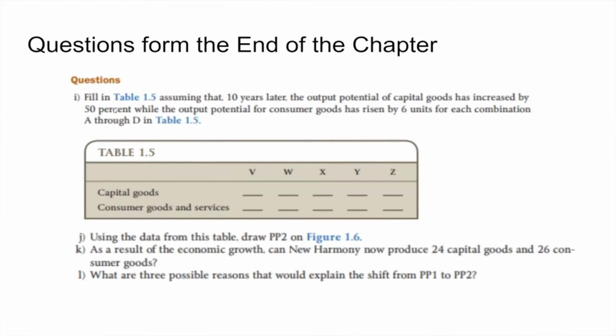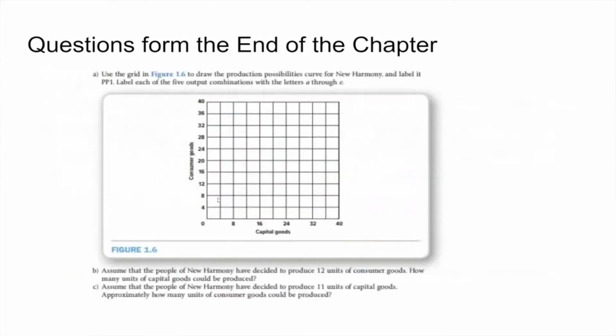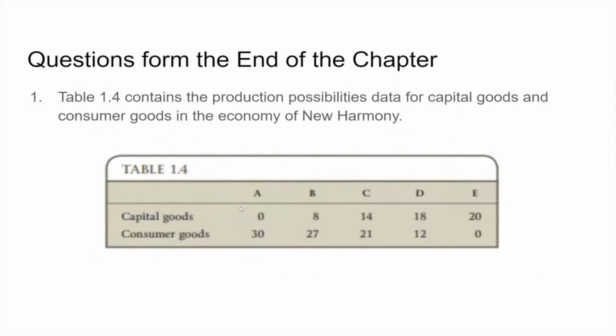The output potential for capital goods has increased by 50%. So I'll take one at a time. The output potential for capital goods has increased by 50%. So what we need to do is go back and look at our original capital goods.